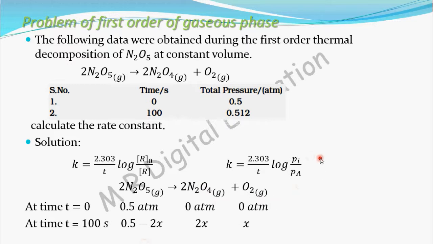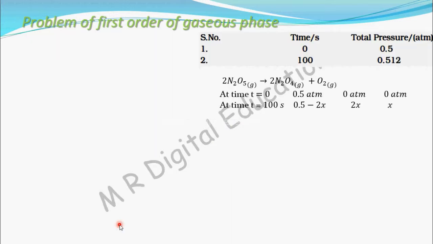In this equation, what we require is the initial pressure, that is 0.5 atmosphere, and 0.5 minus 2x atmosphere, that is the initial pressure of N2O5 and the pressure of N2O5 after 100 seconds. This is Pi by Pa. Here you don't know the value of x. So for that, he has given total pressure at 100 seconds. Total pressure is the sum of all these pressures.